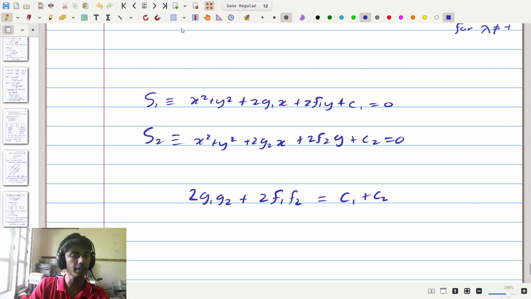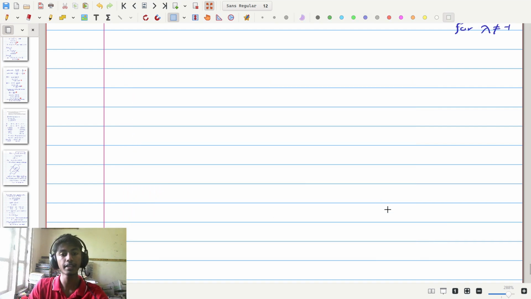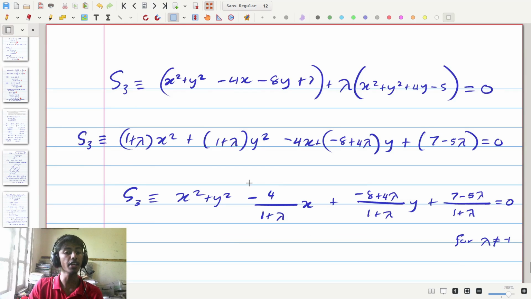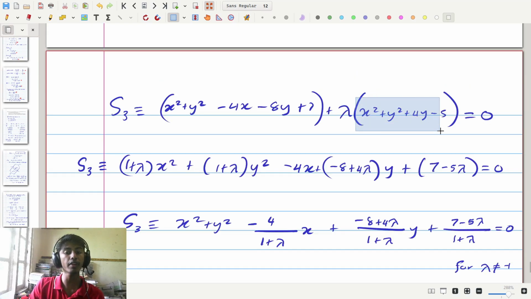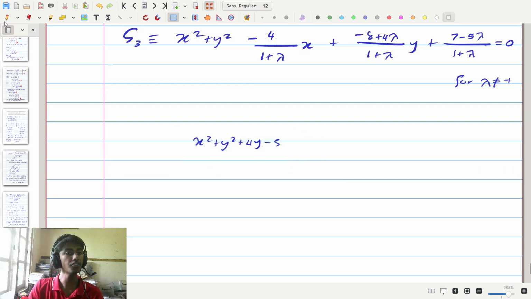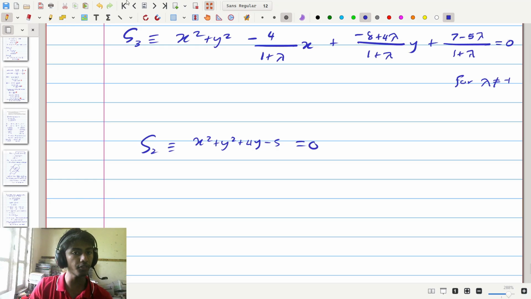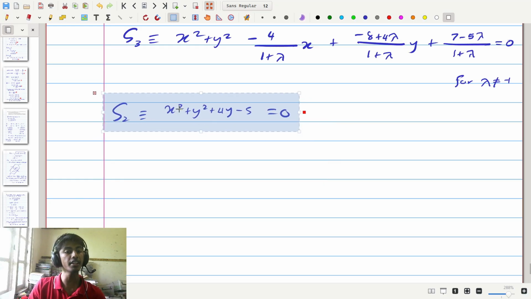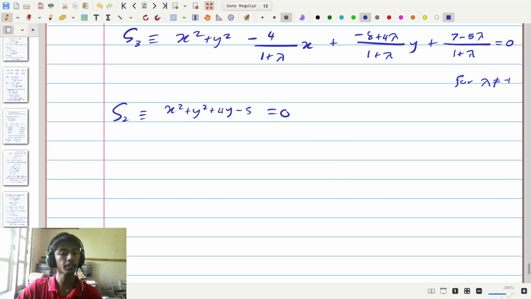Now according to that, for these two circles, if we have the circle S3 and the other circle S2 equals 0, which is this circle right here, intersecting orthogonally, then we must have the condition of 2 times g1 times g2 plus 2 times f1 times f2 being equal to c1 plus c2.